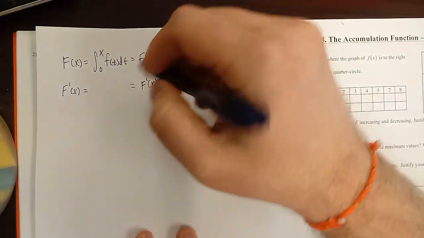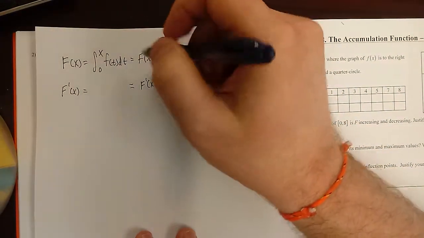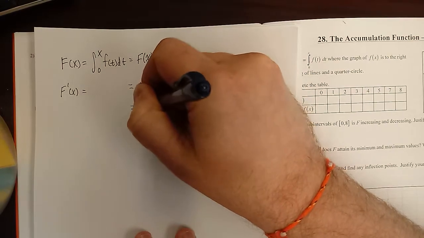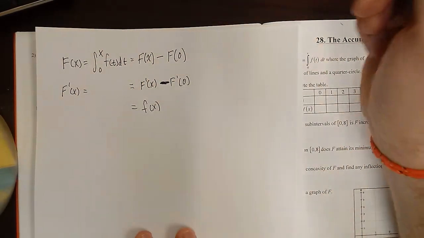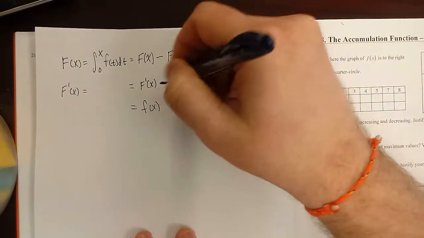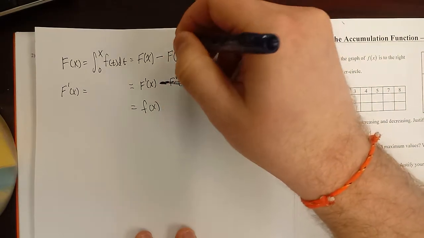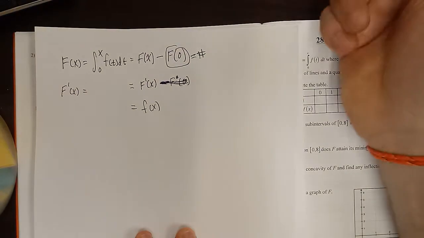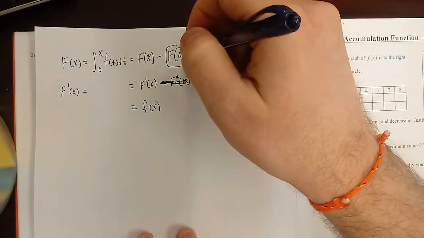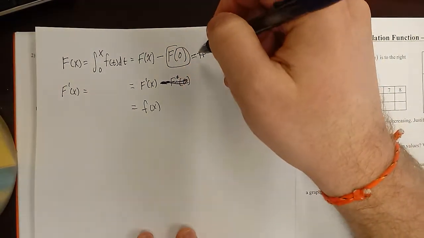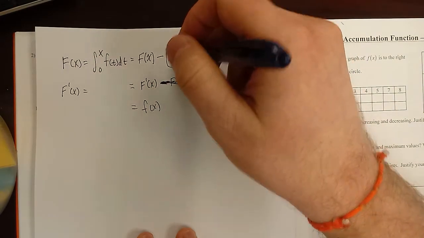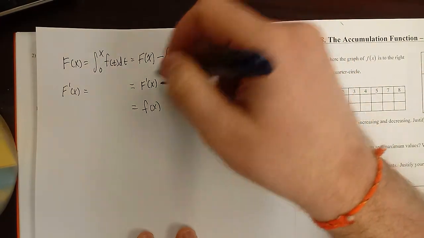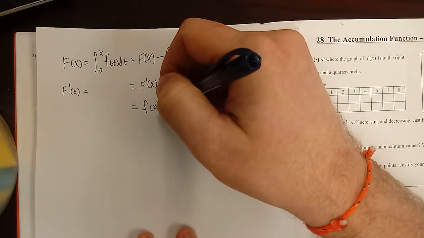At the end of the day, what we're going to be able to say is that the derivative of this is just going to be equal to little f of x. So I think the big deal, what I meant to talk about over here is F of 0 is equal to a number. It's some number, and in this case it's 0 in this problem, but in general it's equal to some number. And so when we take the derivative of this, we wind up getting F prime minus 0, and F prime is just f of x.